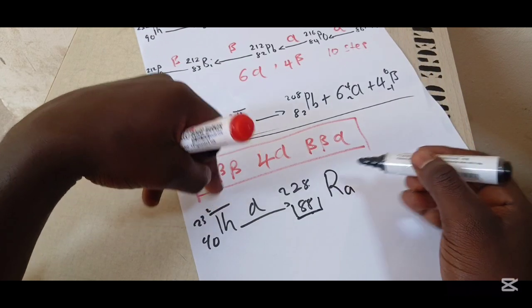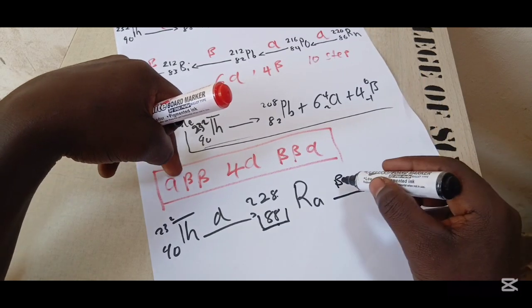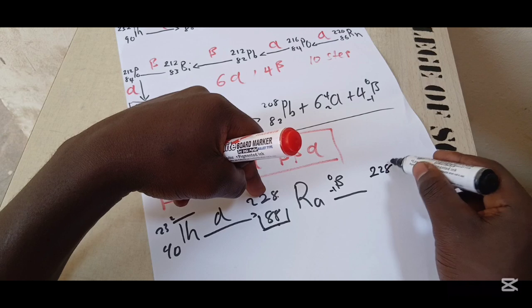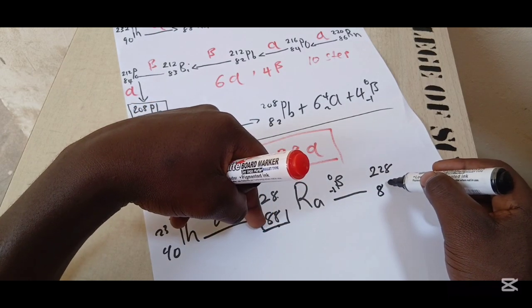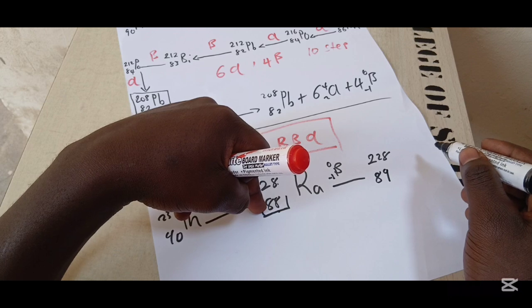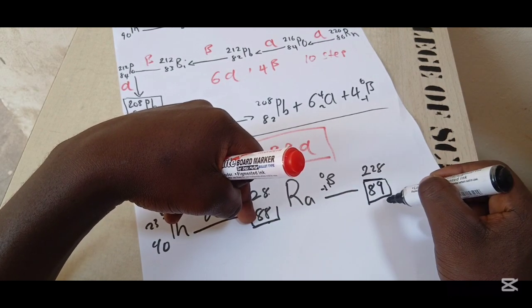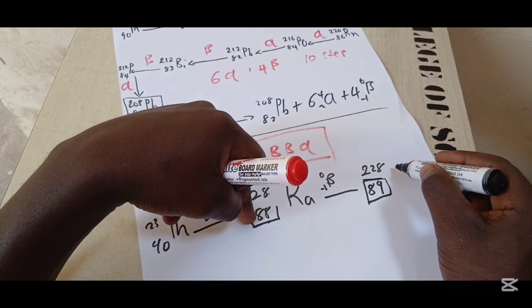Now I know that after alpha decay is beta decay. Beta decay means the mass number will be the same, 228, and the atomic number will increase by 1, so 88 plus 1, which is 89. Looking at the element with atomic number 89, it's definitely going to be actinium, right?